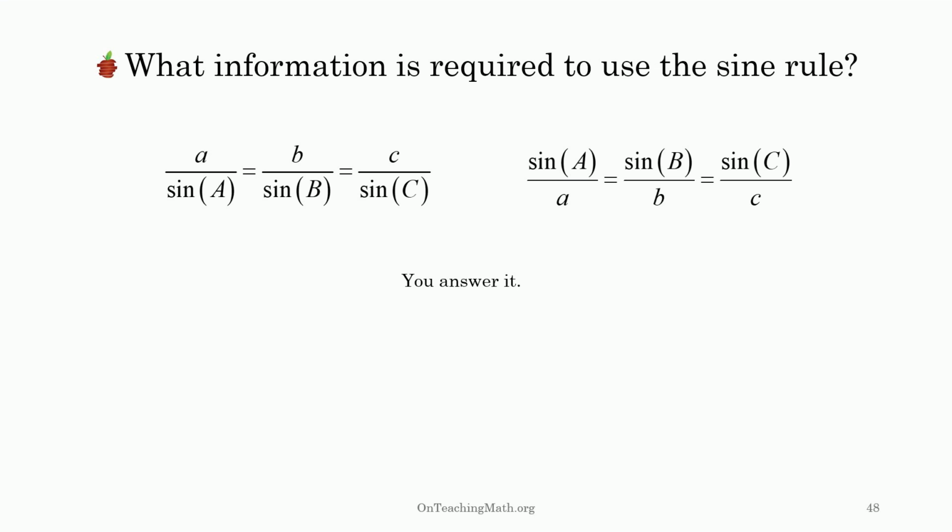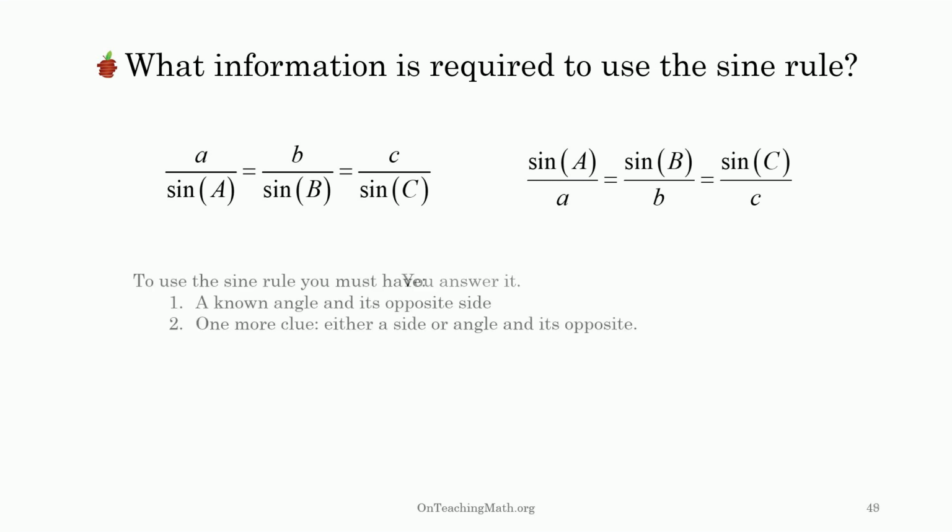To use the sine rule, and this is going to come into play in the future, you have to have a known angle and its opposite side. If you don't have that, you can't use the sine rule. And then you have to have the opposite of the side you're looking for. You have to have the opposite angle, or if you're looking for an angle, you have to know its opposite side. So there we go.